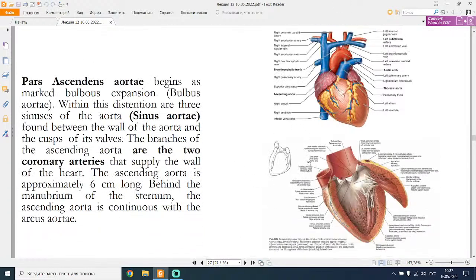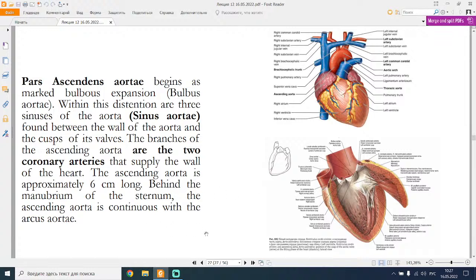Pars ascendens aortae begins as a marked expansion, the bulbus aortae. Within the distension are three sinuses of the aorta, sinus aortae, found between the wall of the aorta and the cusps of the valve.